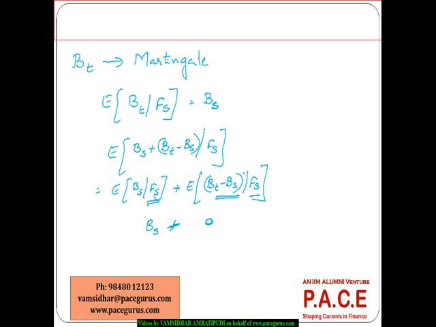And we can also see, if I am having another process, let's say B1 of t, which is 1 by square root of c times Bct, then B1 as a process, if it is of this form, is also a standard Brownian motion. Now I can very well check this and prove it using the covariance concept.